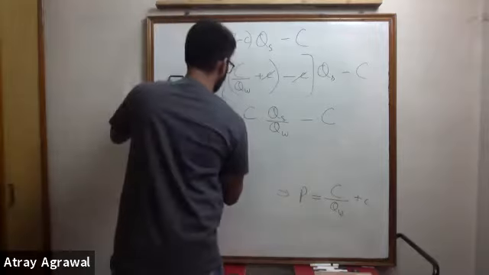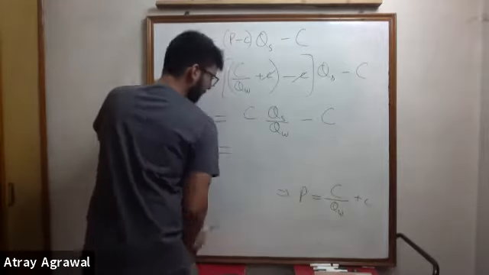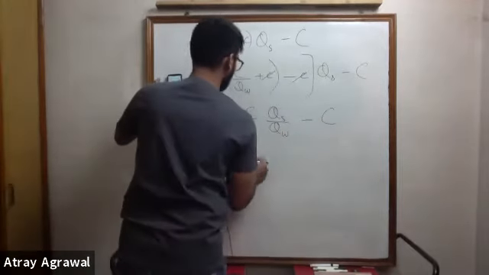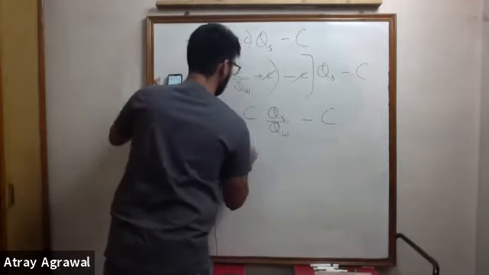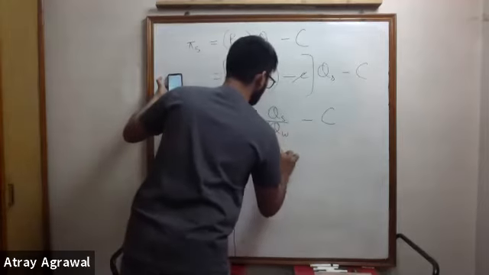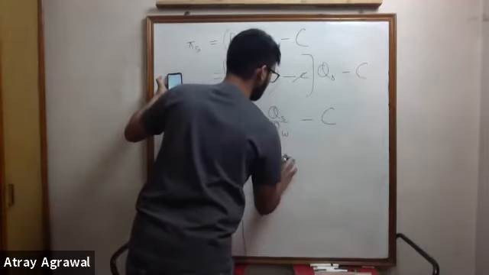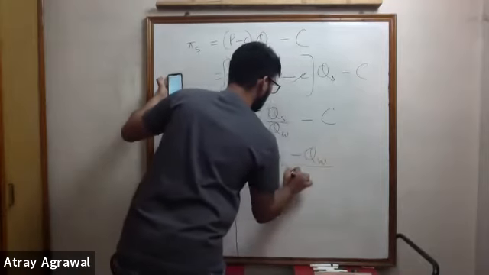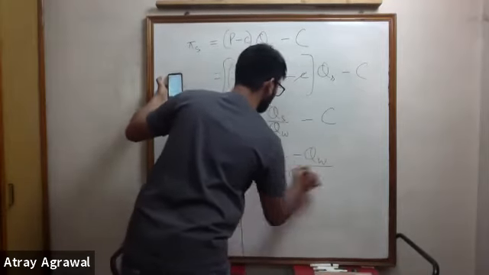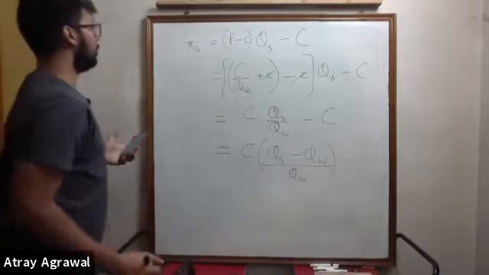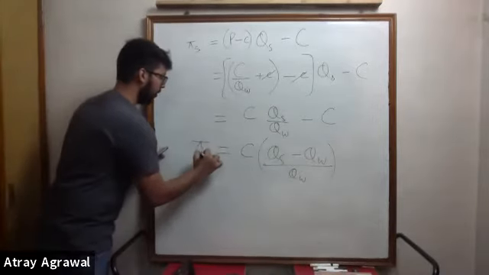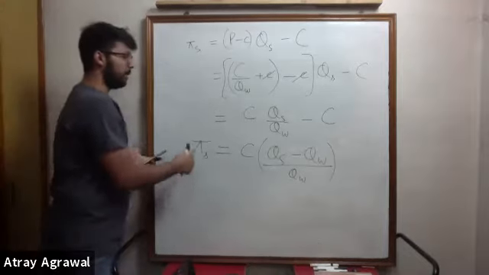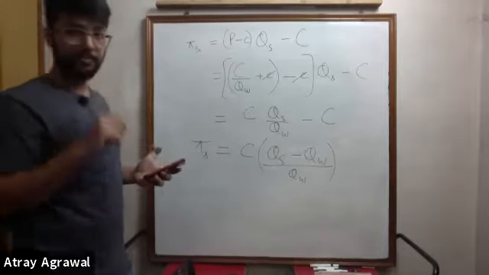And we can also simplify it further by taking LCM and taking the C common. This will give us quantity of S minus quantity of W upon the quantity of W will be the relationship of this. Okay, and this, remember, is the profit of the stronger company.